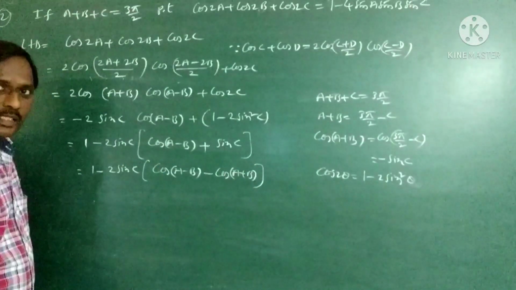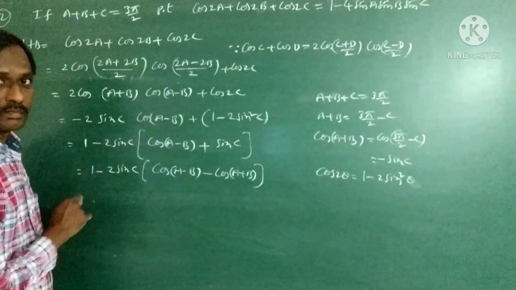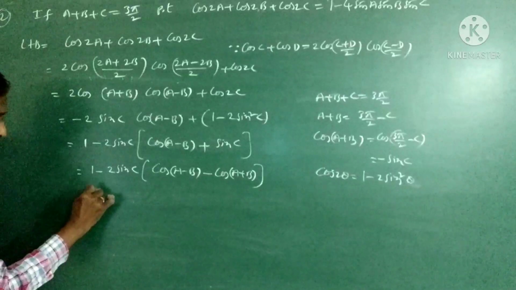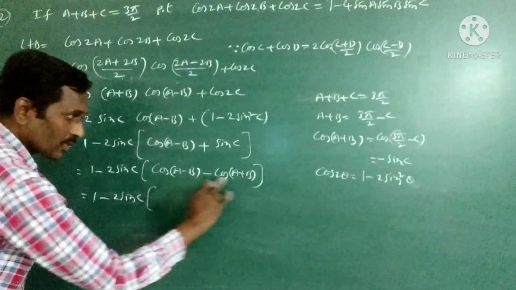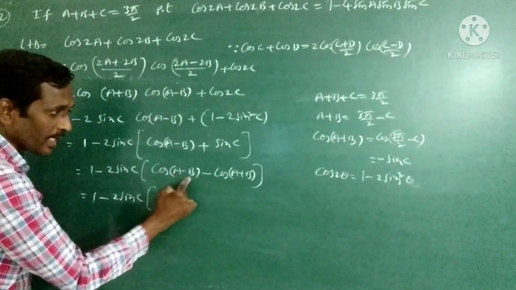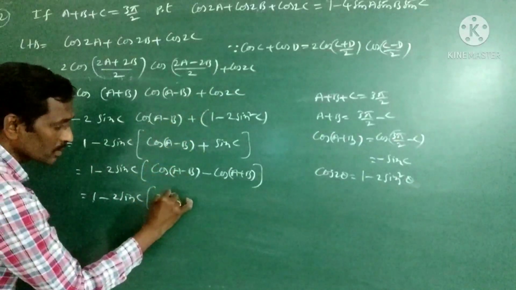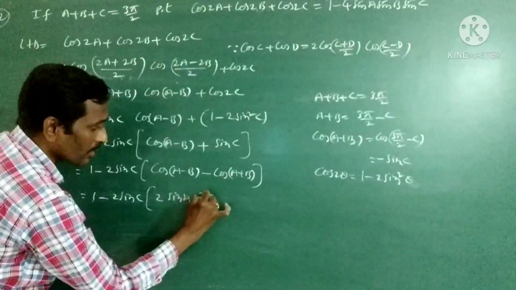Final step. Whenever you are writing a final step, simply go to the answer. So here we already have 1 minus 2 sin c. Whatever the form, you get a 2 multiple as it is. For A and B angles, what functions do you have to get? Sin of A angle and sin of B angle.